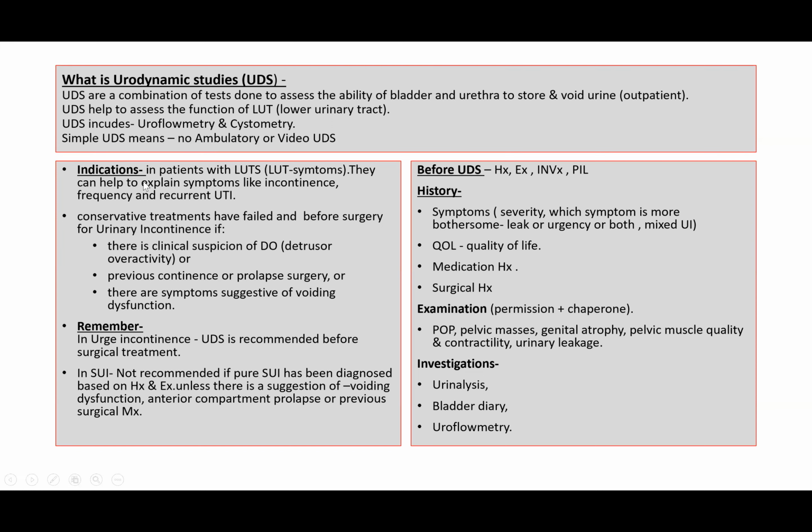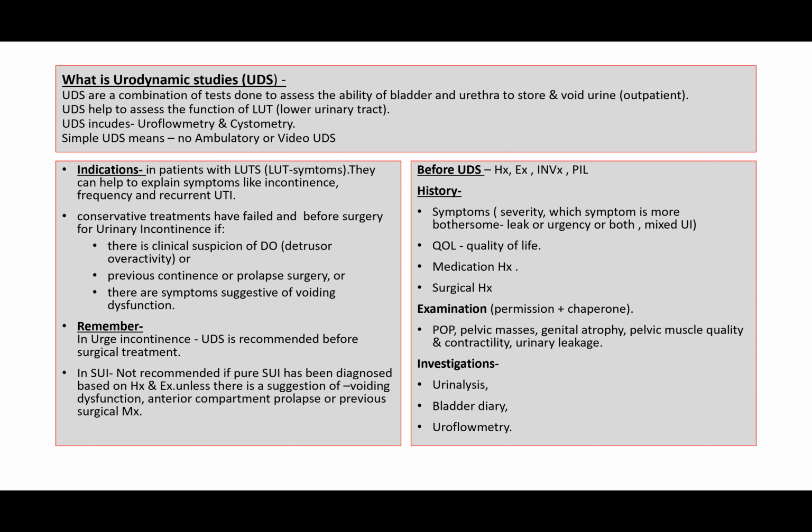What are the indications? These are done in patients with lower urinary tract symptoms, like those with symptoms of incontinence, frequency, urgency, or recurrent UTI. Other indications are in patients who have incontinence and the conservative treatments have failed, or they have to go for surgery.